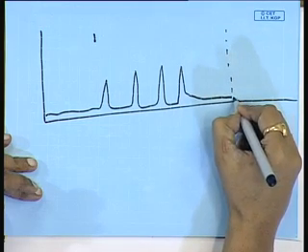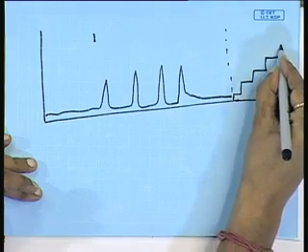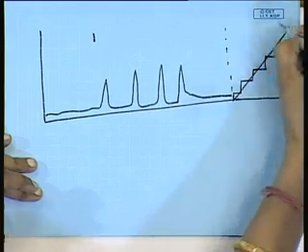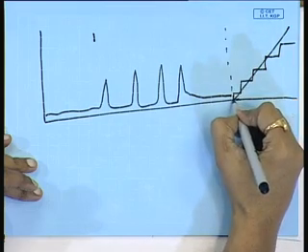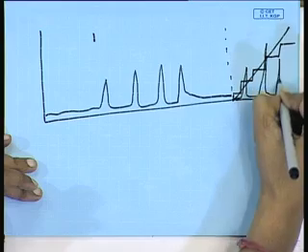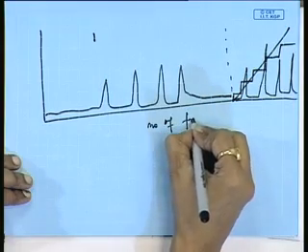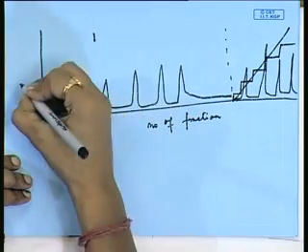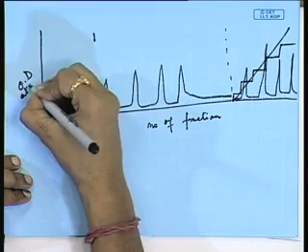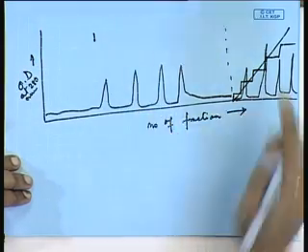Either we go for a stepwise gradient or a continuous gradient for isolation of our protein, and in this way we get the number of fractions, and here it is the OD at 280 nanometer. This is the purification profile of ion exchange chromatography.